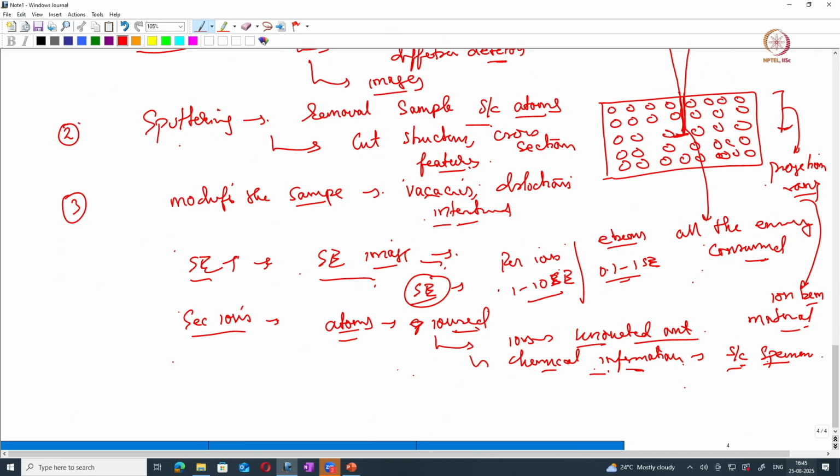Now there are also backscattered ions. It might be possible that the incident ion travels into the sample surface, and the same ion can actually be backscattered.